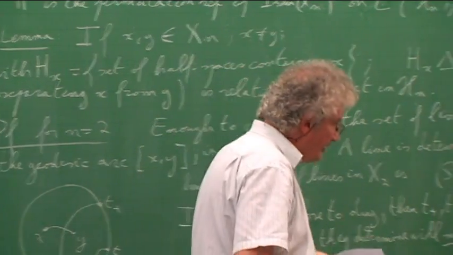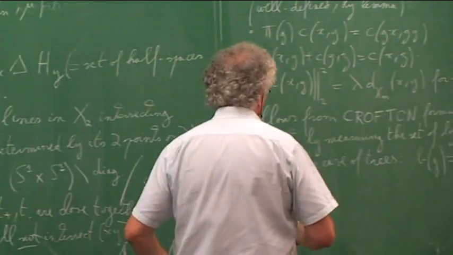And here, we can go down from bounded orbits to fixed points.